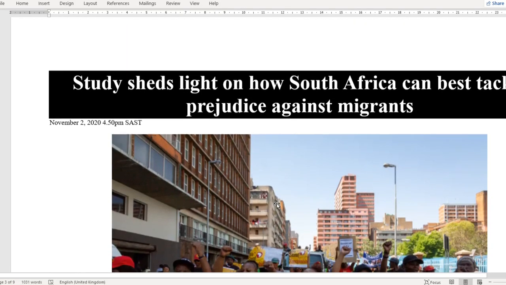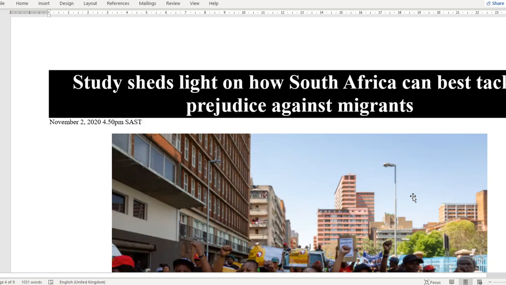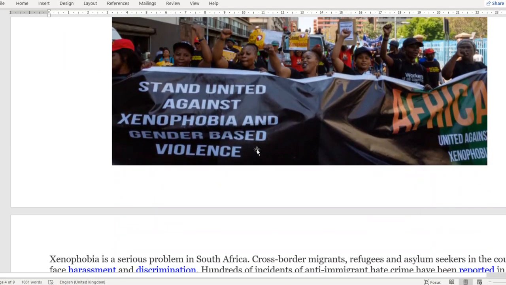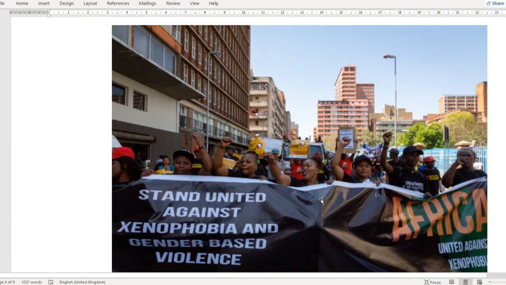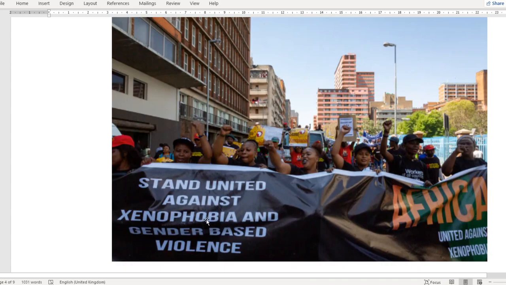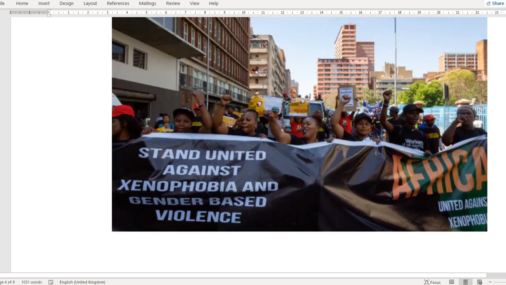This study sheds light on how South Africa can best tackle prejudice against migrants, and it was posted in November of last year. I'll get to where the source is from. And this is a visual of a protest that stood for Stand United Against Xenophobia and Gender-Based Violence.